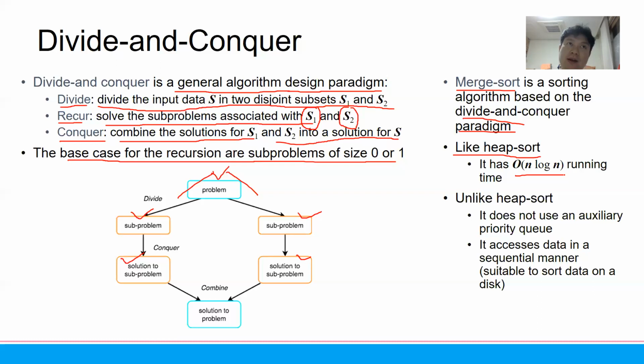Some of you may have already used the heap. It's a good practice for you: we can use a heap to design a sorting algorithm. Unlike heap sort, merge sort does not use any auxiliary priority queue. Heap sort uses the priority queue. If you still remember the priority queue, you can easily understand heap sort later.